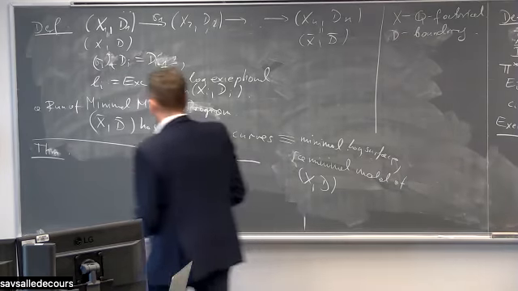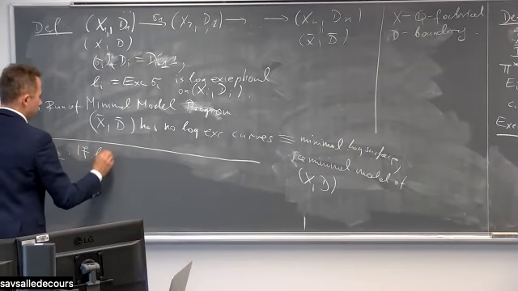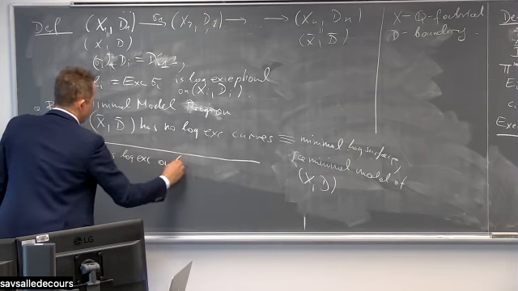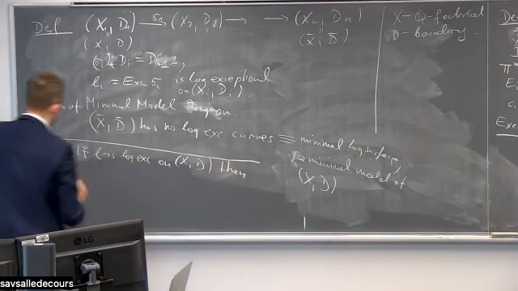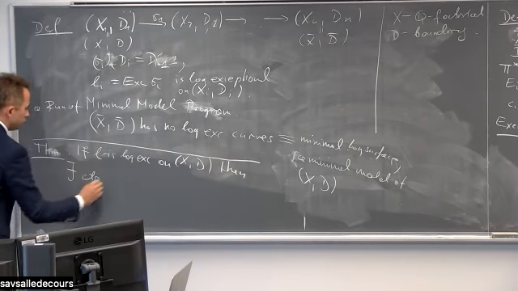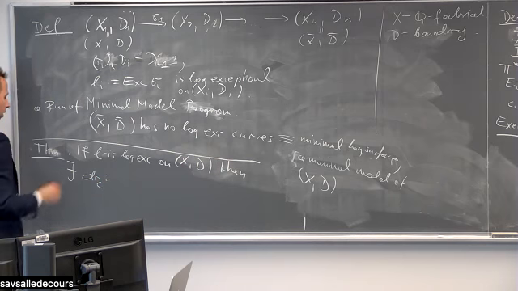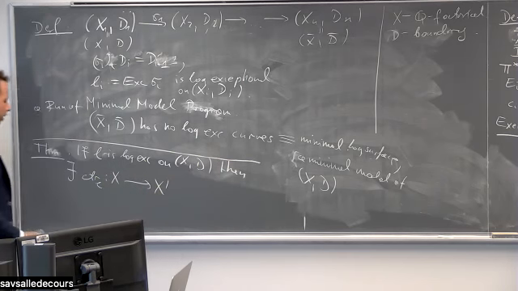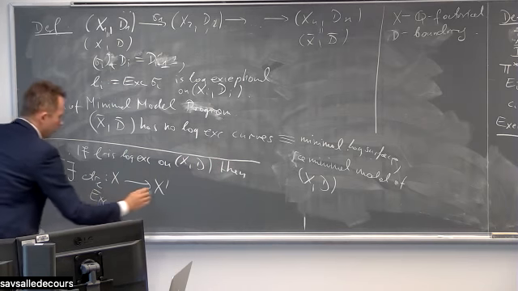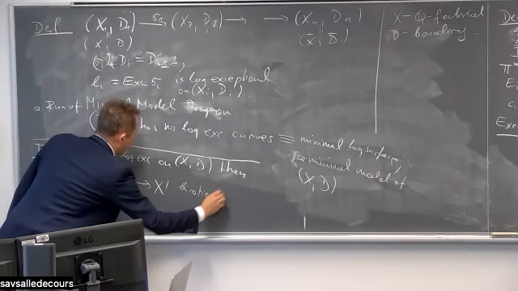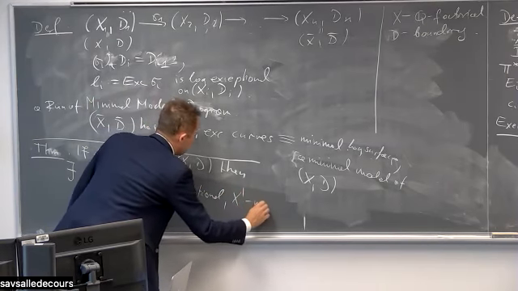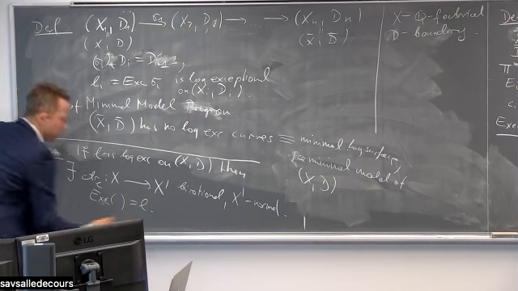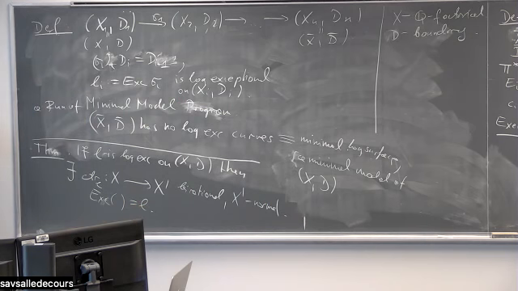So I want to say that if L is log exceptional on (X, D), then there exists a contraction, there exists a birational morphism, which I will denote by CTR with index L, which goes from X to, in this case, it will be X2, but in general, let's say X prime, such that X prime is normal projective, such that the exceptional locus is exactly L. So this is a baby version of the contraction theorem.